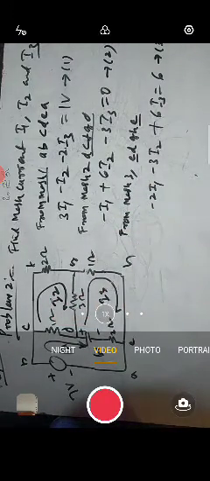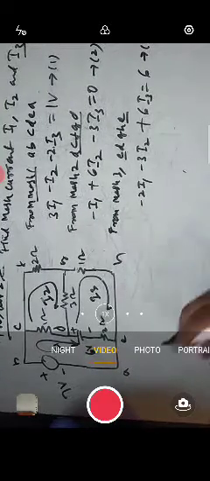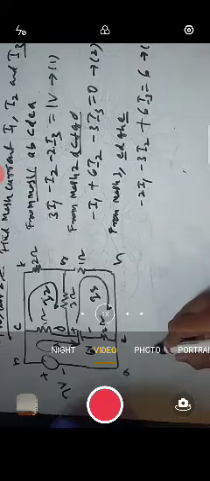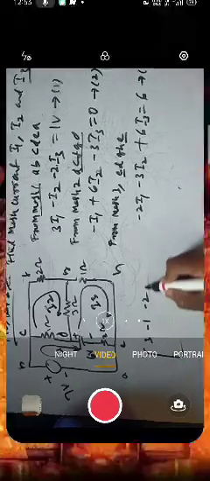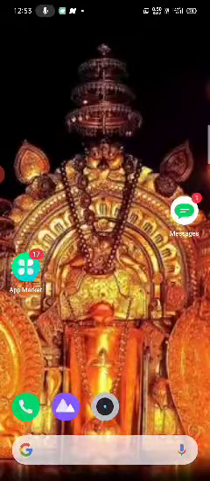As I said, this can be written in matrix form: 3, minus 1, minus 2; minus 1, 6, minus 3; minus 2, minus 3, 6, into I1, I2, I3 is equal to, what is that?